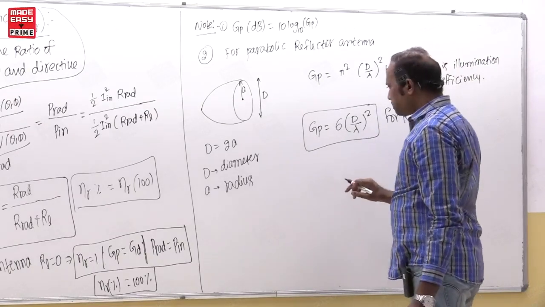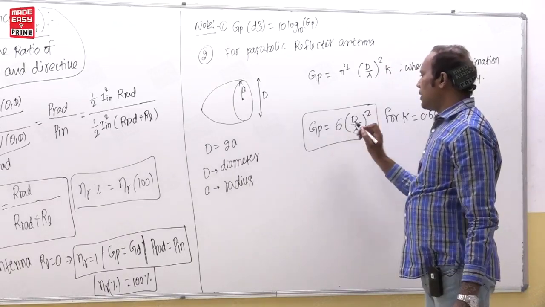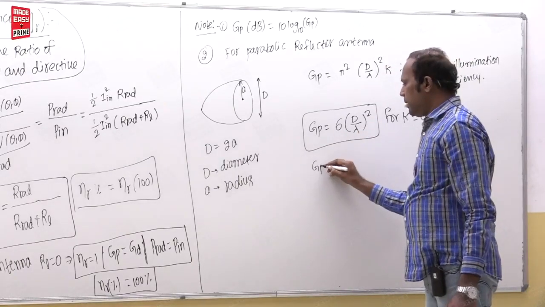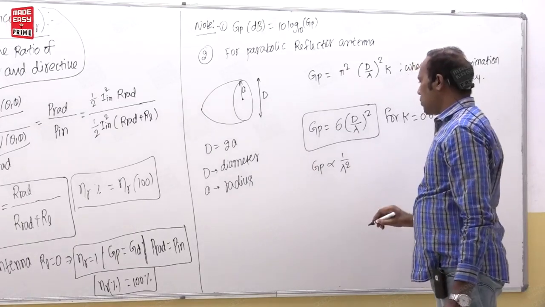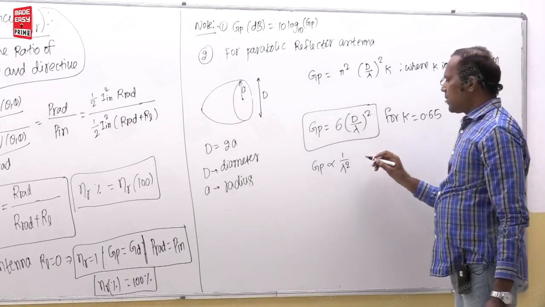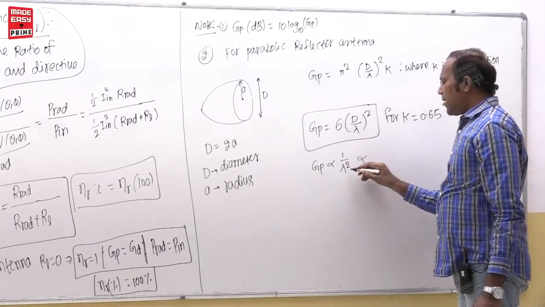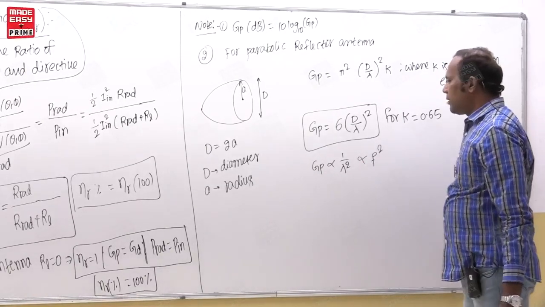So actually, this GP is the power gain. Now GP is proportional to 1 by lambda square, and of course it is proportional to D square. Now lambda is proportional to C by F, so it is proportional to frequency square also.